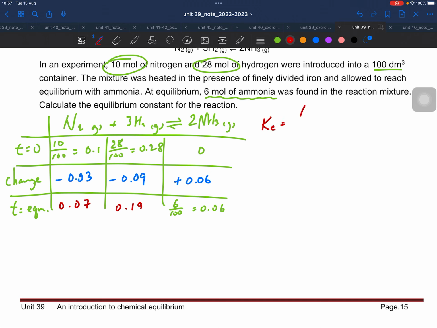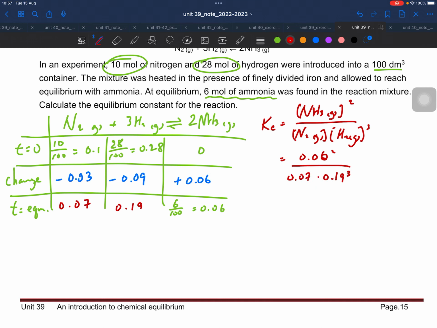Right, then the Kc expression is NH3 squared over N2 and H2 with the power cube, like this. So let's see, equals to 7.498.